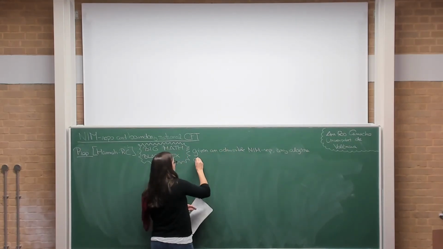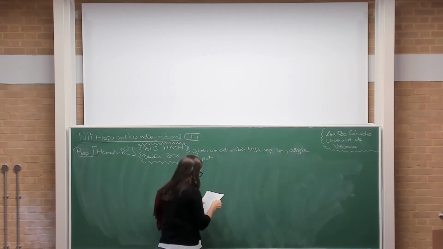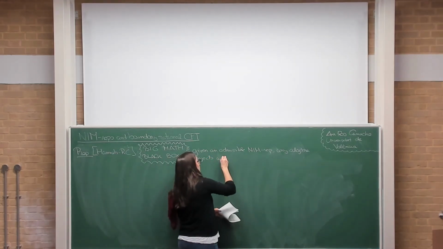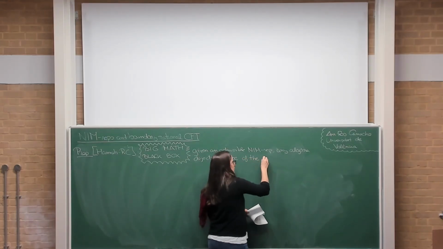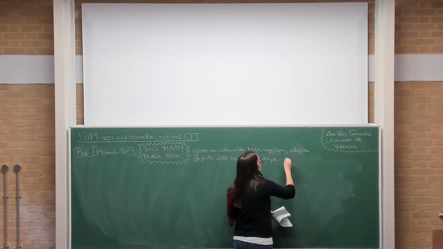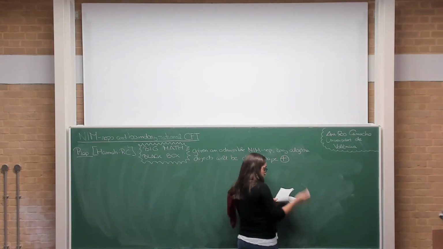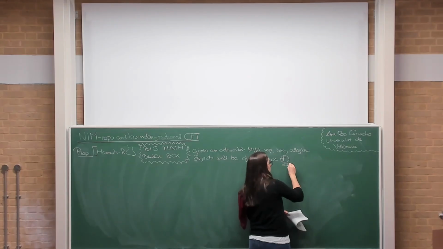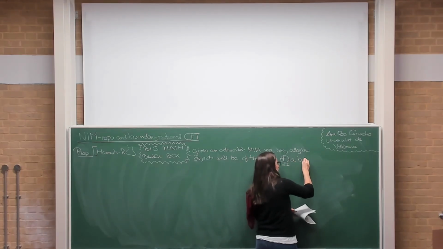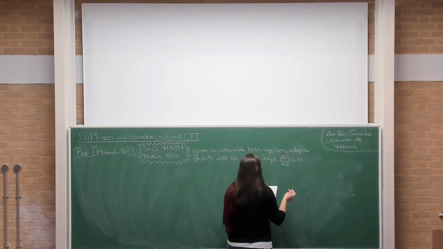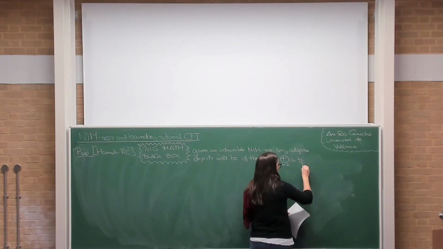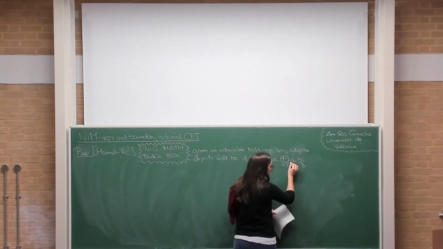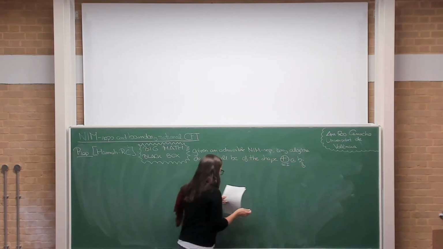Any algebra objects will be of the shape AI, BI, where, again, these are elements of the basis of the ring. So this is B, but the important part is this guy here.